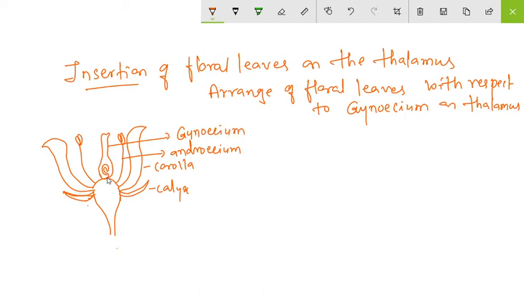So the gynoecium is at the superior position, at the top. Below the gynoecium, all floral parts are present.